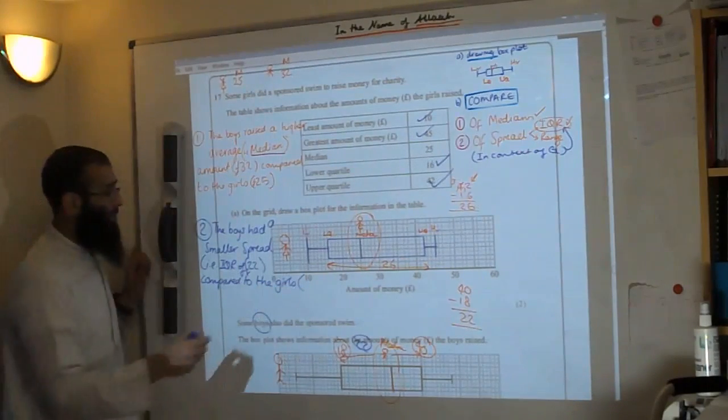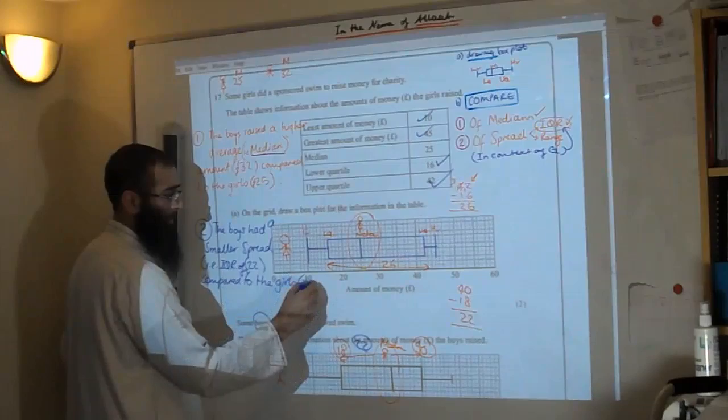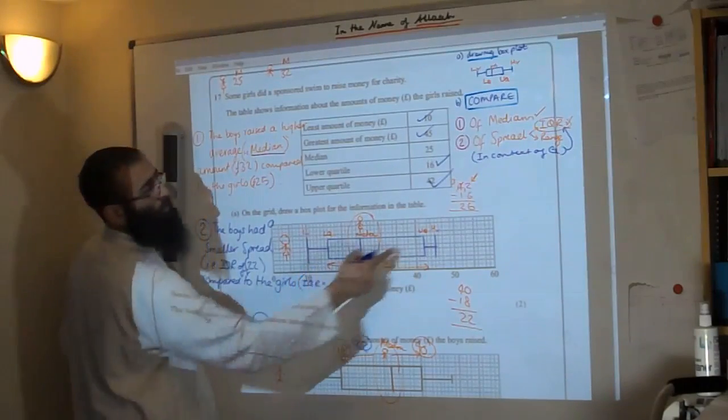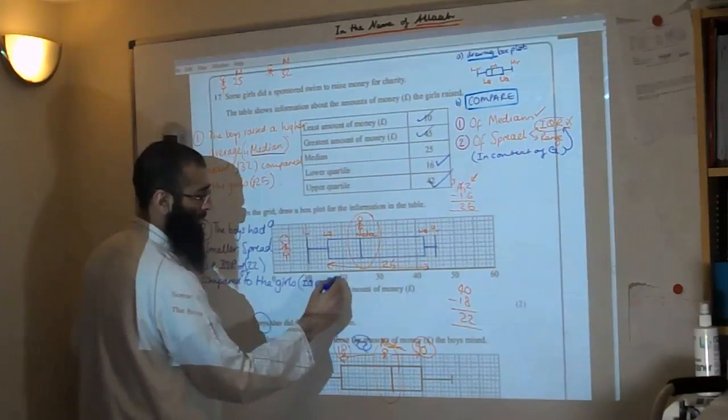And the girls' interquartile range is 26.